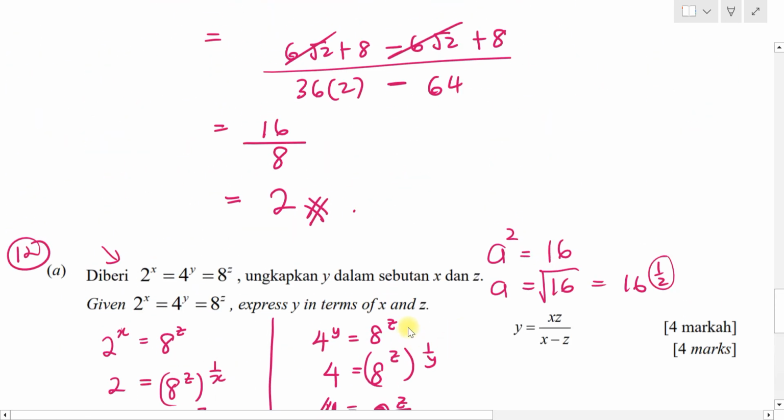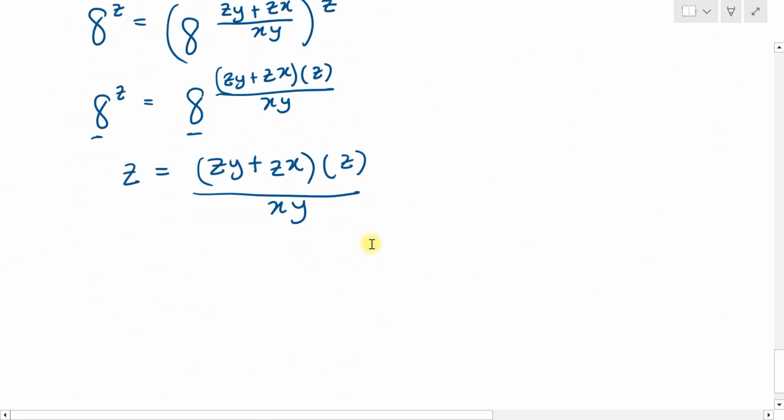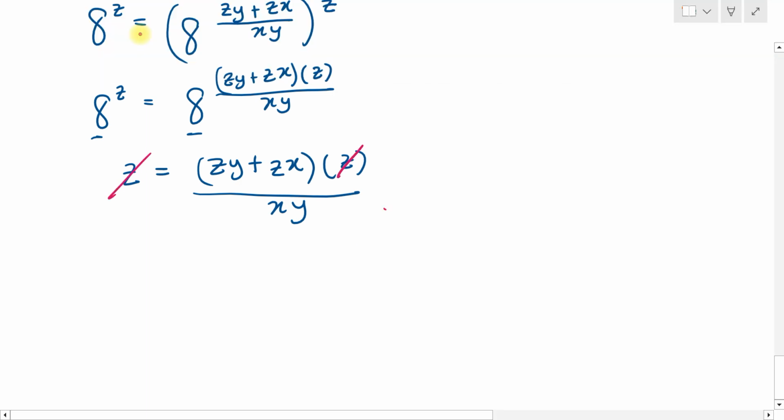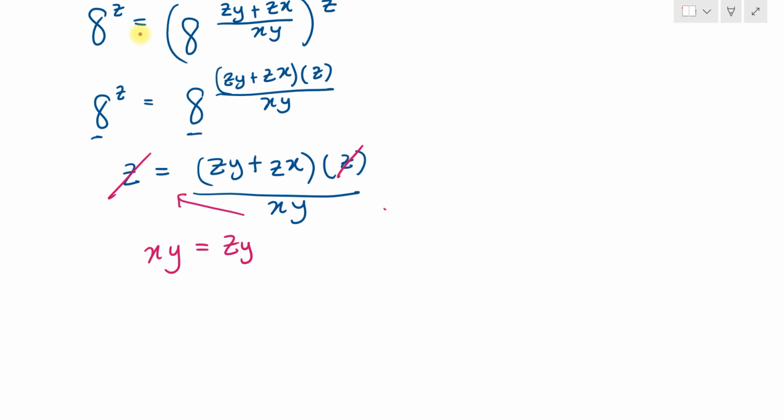Okay, they want what? Express y. Okay, we have to express y. Okay, so now simple. This z will cancel. Cancel means this is not 0, you know, this is 1. So that 1 you multiply by xy, so xy will become here zy plus zx.